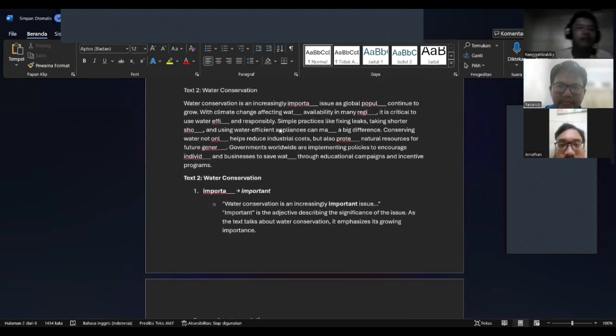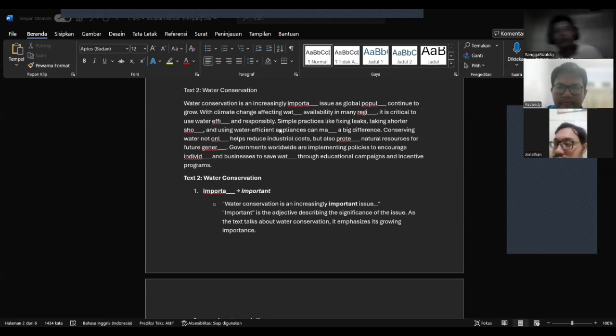Okay, for text number two, it's about water conservation. Water conservation is an increasingly important issue as the global population continues to grow and climate change affects water availability in many regions. It is critical to use water efficiently and responsibly.